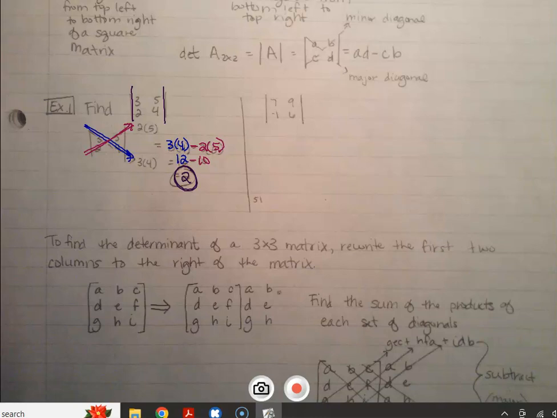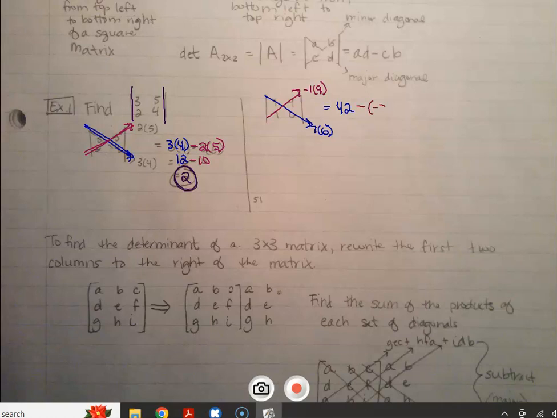So let's try the next one together. All right, so we're going to do our major diagonal. So we've got 7 times 6, which is 42. Let's do our minor diagonal: -1 times 9. So that's -9.